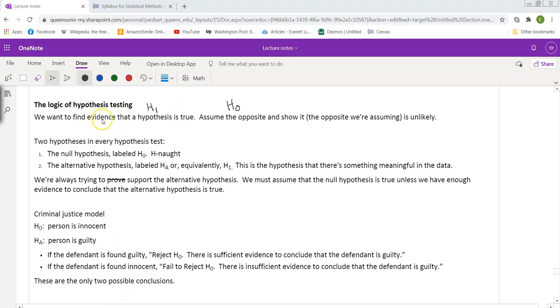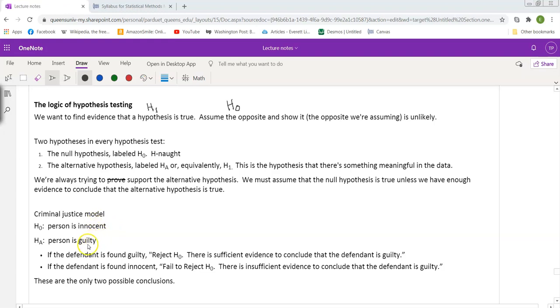And the way this works is we're going to assume the person is innocent, look at the evidence, and see, is that feasible based on the evidence? If it's not feasible that the person is innocent based on the evidence, then the person will be found guilty. If it is still reasonably possible that the person could be innocent, then they will acquit.